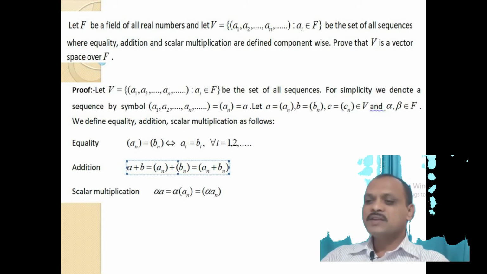Two sequences are equal if and only if Ai equals Bi, addition is component wise, first element to first, second to second, and scalar multiplication is also component wise: alpha times A gives alpha A1 comma alpha A2 and so on.